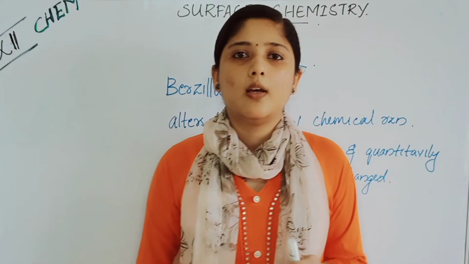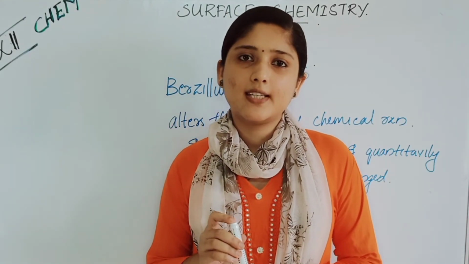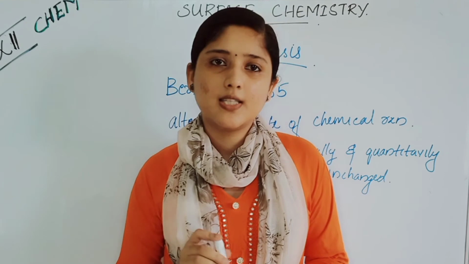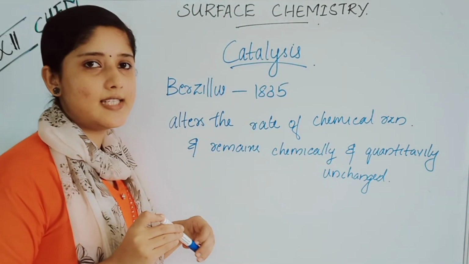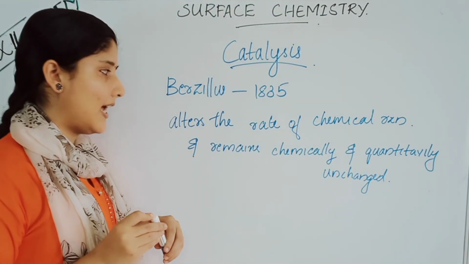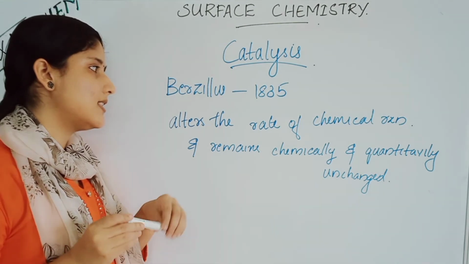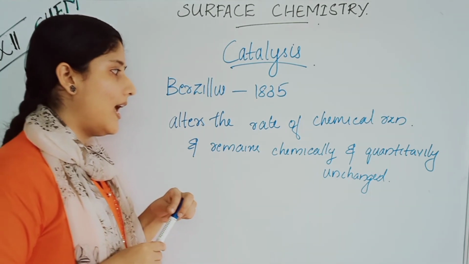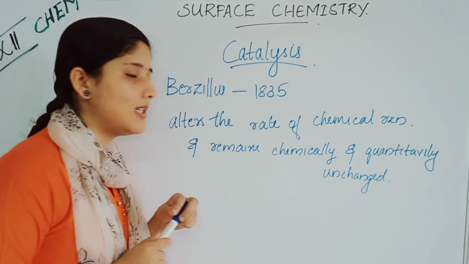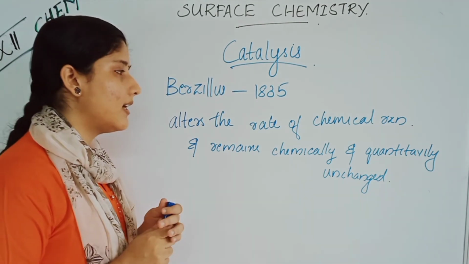Okay. Next topic of discussion is catalysis. Berzelius, a scientist in 1835, said that a substance that alters the rate of a chemical reaction and remains chemically and quantitatively unchanged is called a catalyst.